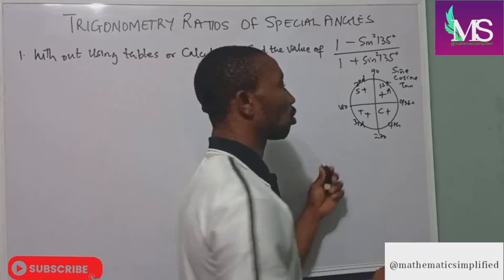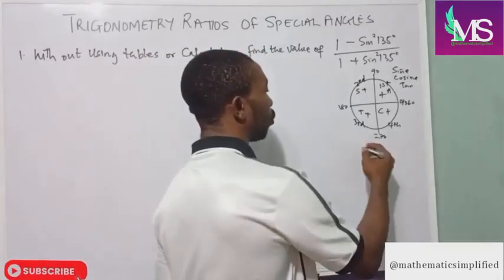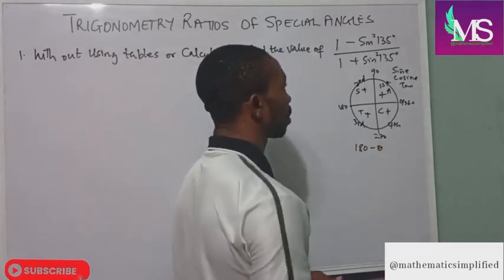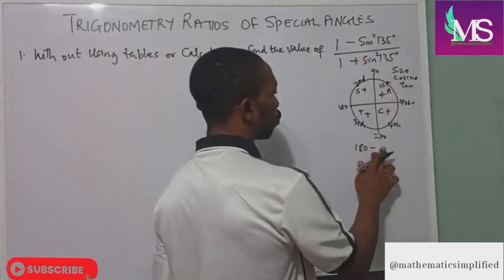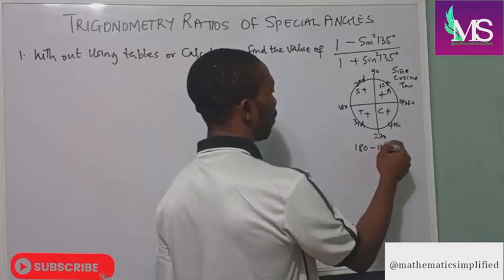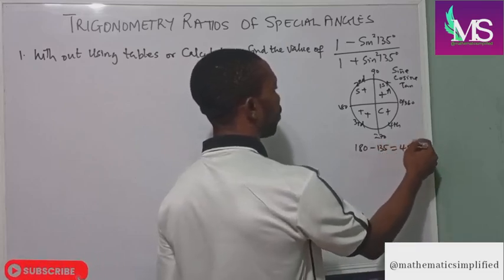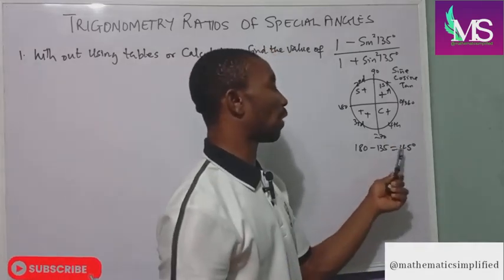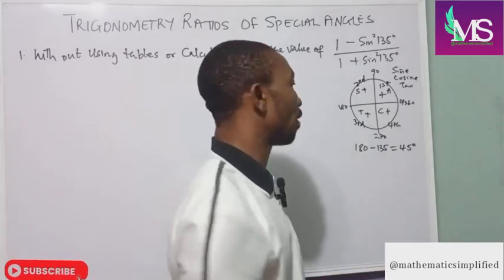To get it, we do 180 minus theta, in this case 135. So 180 minus 135 gives us 45 degrees. So our acute angle for 135 will be 45 degrees.